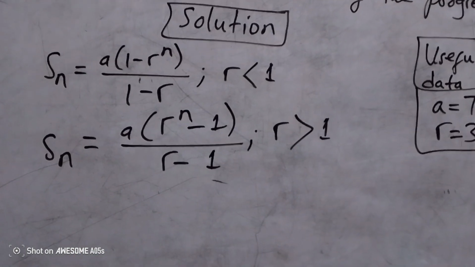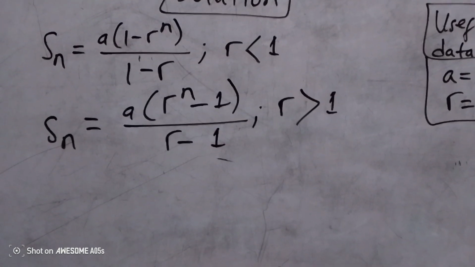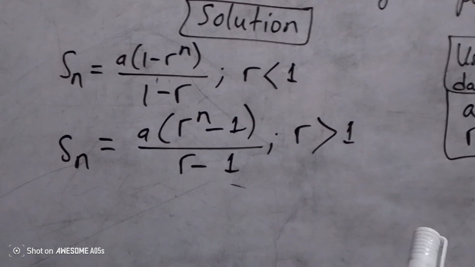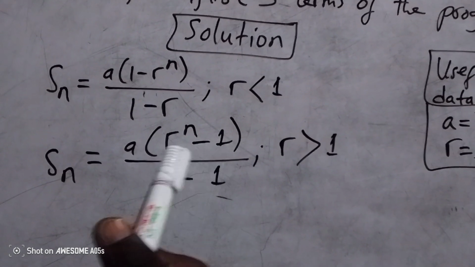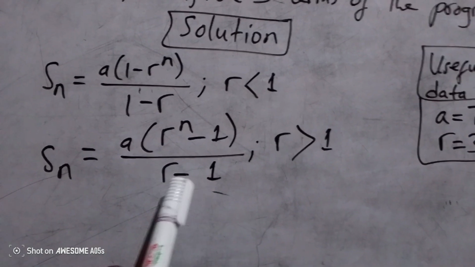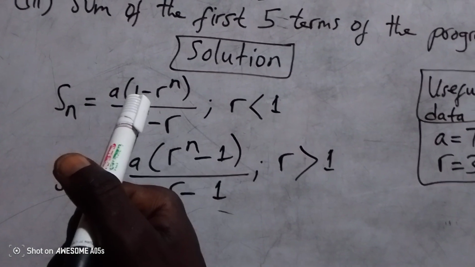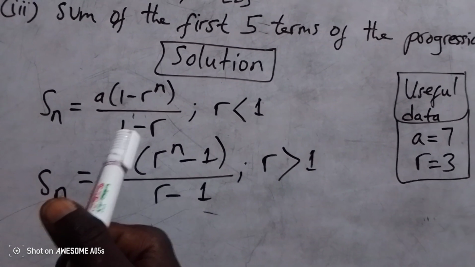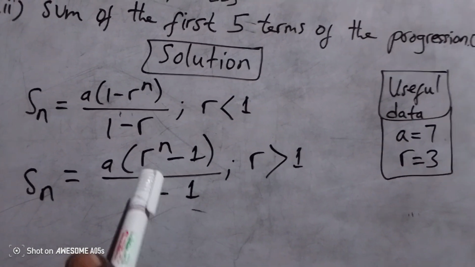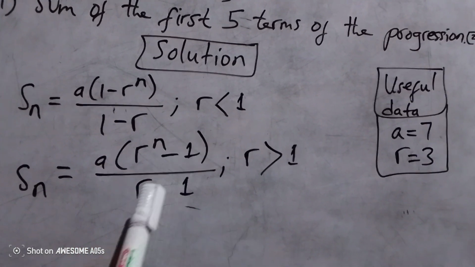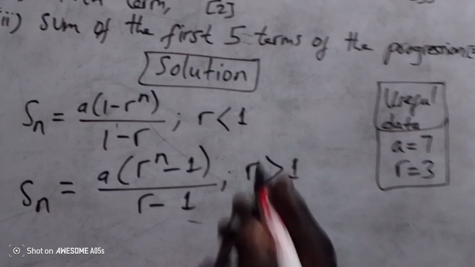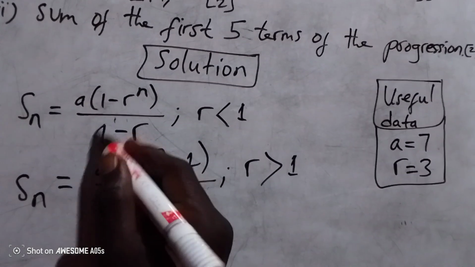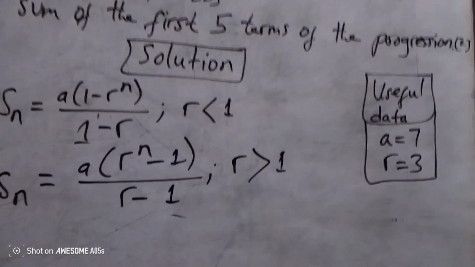So you have to be mindful which formula you go with. They just differ in the brackets and down here. This one starts with 1 minus r power n, and down it is 1 minus r. The other one is r power n minus 1 over r minus 1. So they are just different at that point of 1 or r beginning.